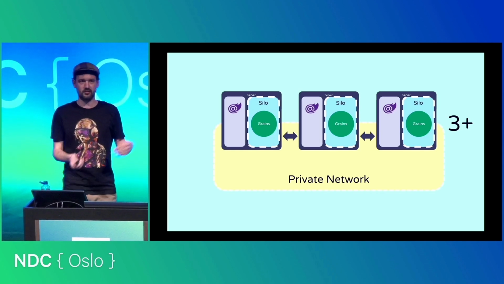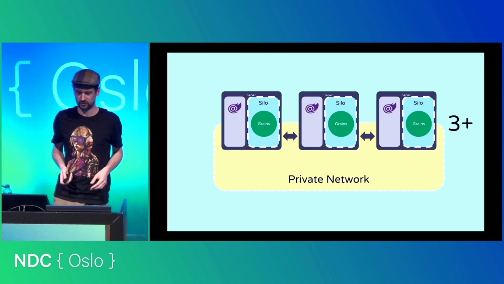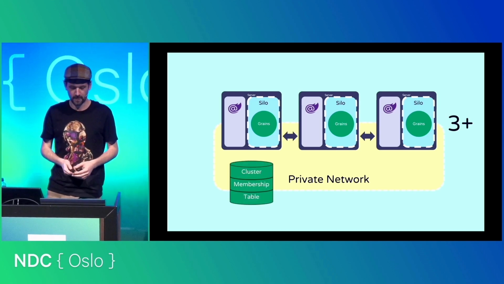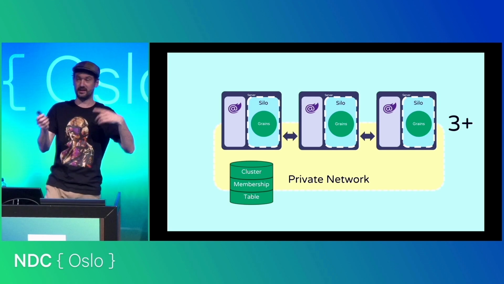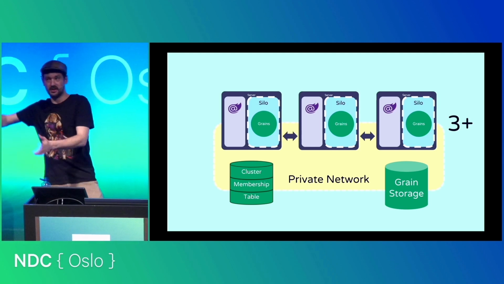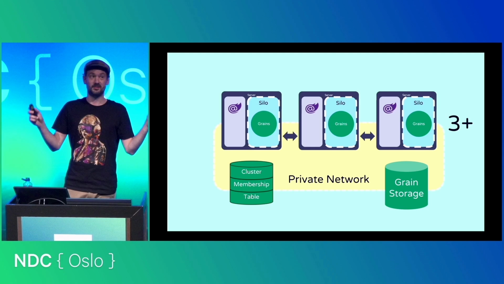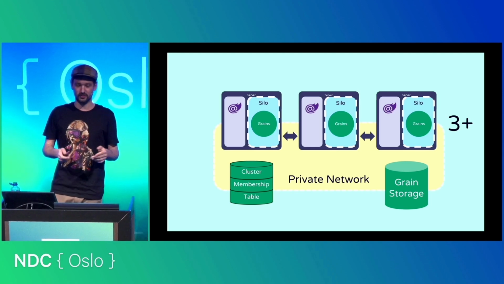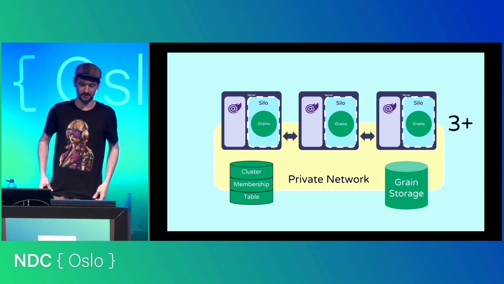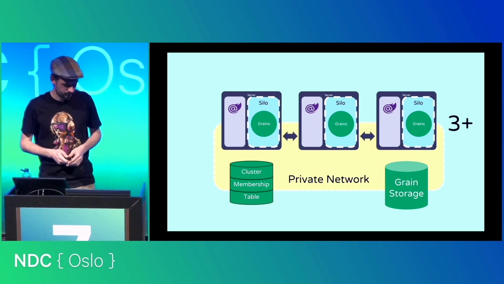Even with App Service, you've got the App Service plan that has its internal network. Then the cluster membership table so that they know each other. And probably you also want to have some storage, but that could also be your own database. So this is basically all you need to start using it and keep your applications in sync.